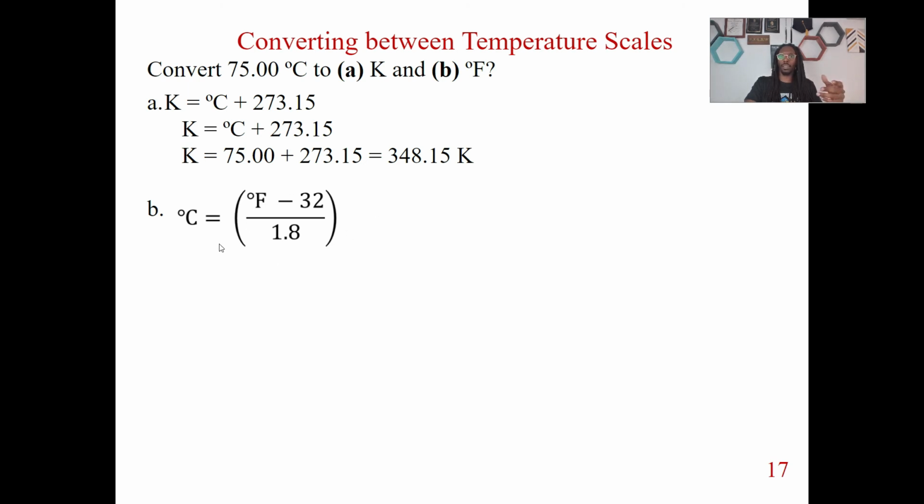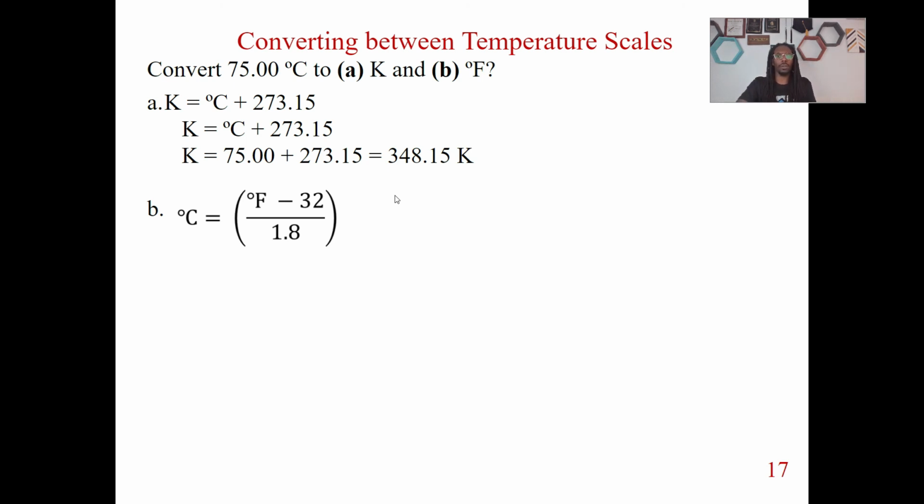This is the way if you solve for Celsius. So definitely take a screenshot of this or just have it memorized. Or if you don't really care, you could just do some algebra. But if you're solving for Celsius, it must be Fahrenheit minus 32 over 1.8. Once again, I just wanted to show you this so you know how it looks.